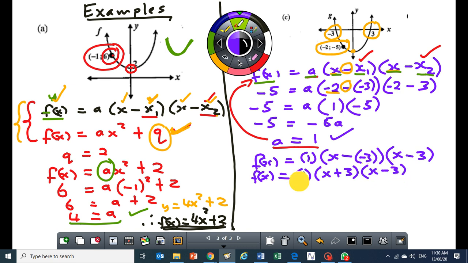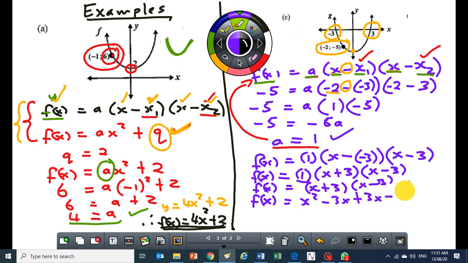This 1 here is the same as just writing the equation as f of x equal to x plus 3 times x minus 3. If I simplify the right hand side, I will get x times x, which is x squared, x times minus 3, I'll get minus 3x, 3 times x, I'll get positive 3x, plus 3 times minus 3, I'll get minus 9.